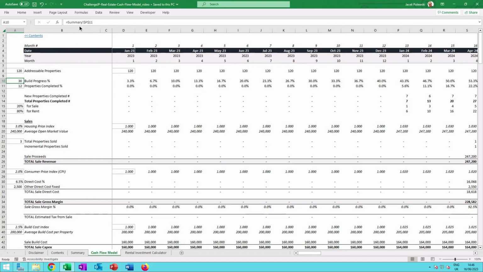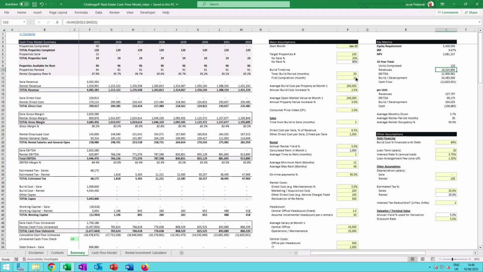And you see that there's a link to my summary sheet over here. So you don't have to switch back and forth between the sheets in order to understand what assumption is being used. But the idea is that still, in order for you to change the assumption, you have to go to that summary sheet and then change any of those yellow cells, okay?